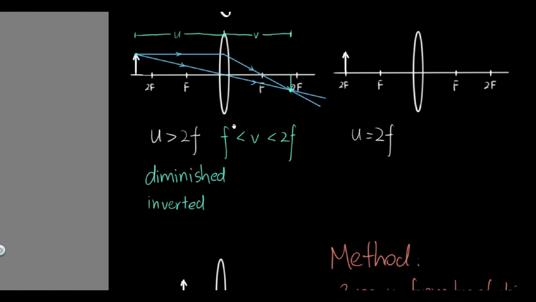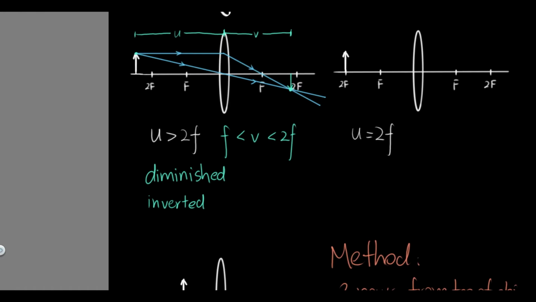And the third one is a bit hard to tell on this diagram, but it's actually easy to tell. You might not think about it in the first place, but if you do the actual experiment, you're gonna find out that you can project this image on the screen.